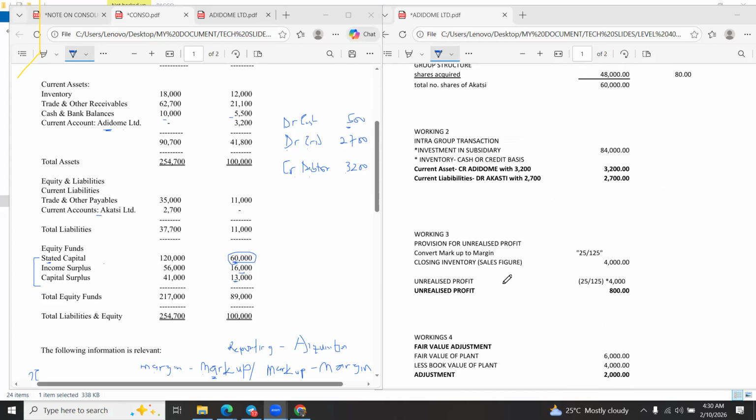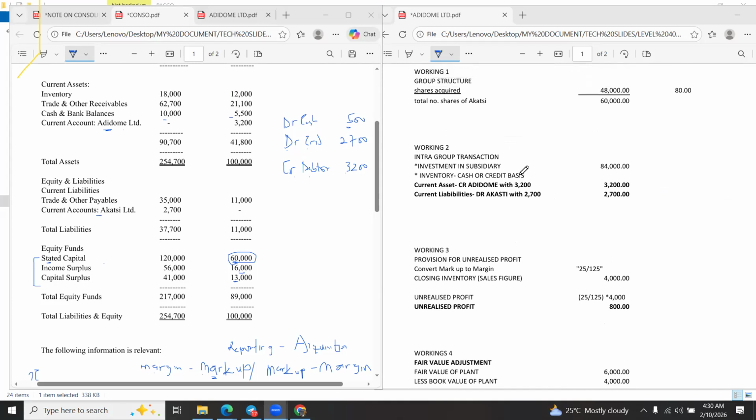Okay. So, intragroup transaction. This is it. Credit Adidome's account with the 3,200 to cancel the 3,200 in the debtor's account. You debit Akachi's account with the 2,700 and the extra 500, which is goods in transit. We also say current assets.